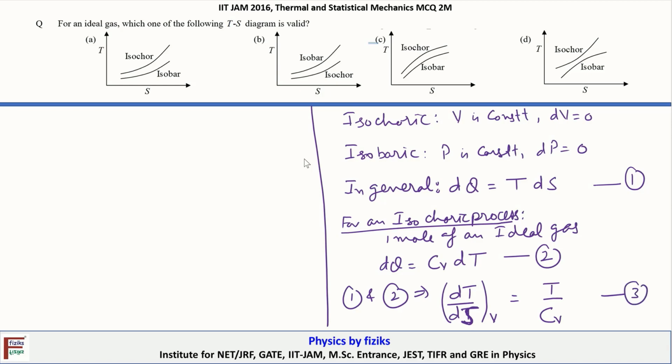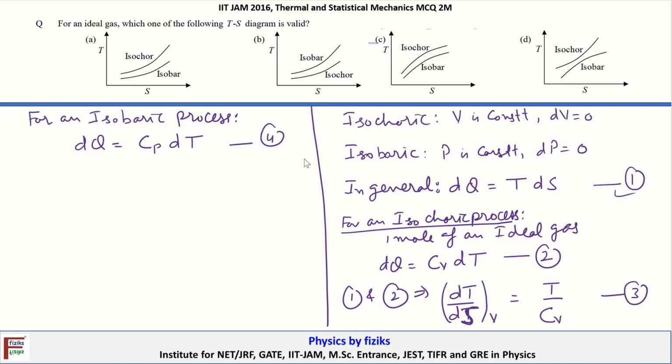Now similarly for an isobaric process, we can write dQ equal to Cp dT. Let's say that this is our equation number 4.